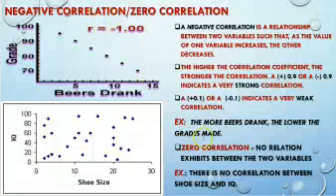And in the bottom graphic, you have a zero correlation. There is no relation that exists between the two variables. There is no correlation between shoe size and IQ. So this is a negative correlation as illustrated in the scatter plot.